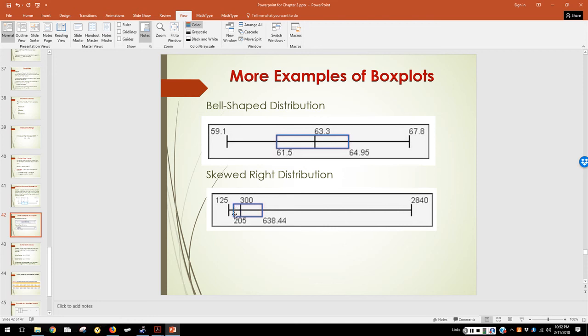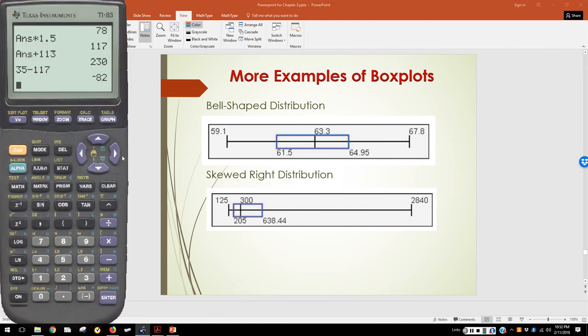This data set is very, very skewed right because 75% of the data is less than 638.44, and yet we have a largest data value of 2,840. So if I calculated the upper fence for this set of data, I would take 638 and subtract the first quartile, which is 205, to get the width of the box, or the interquartile range.